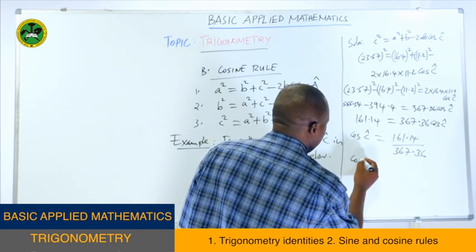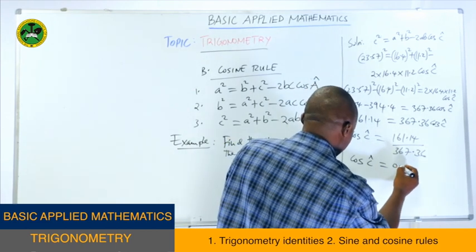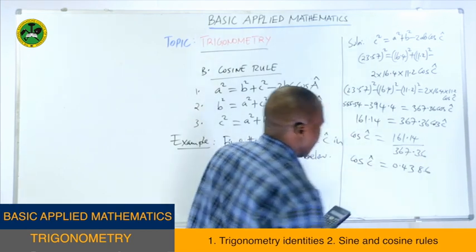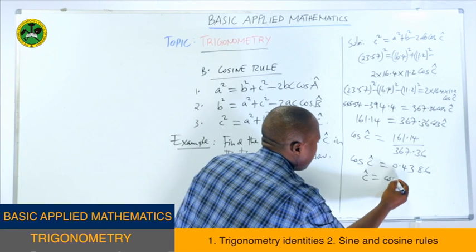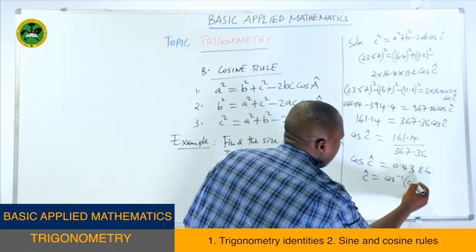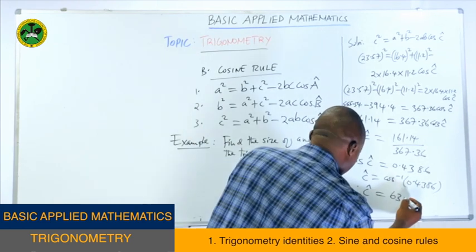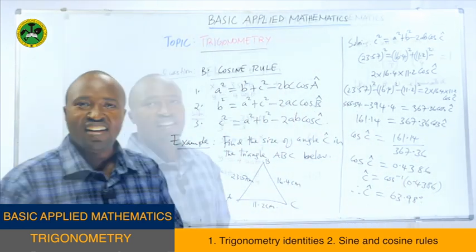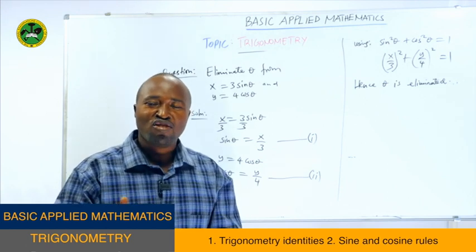So cos of angle C is equal to 0.4386. That means C will be equal to cos inverse of 0.4386, which is 63.98 degrees.